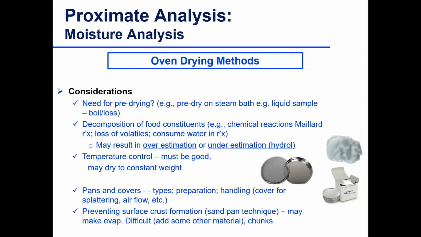And so you start losing weight. The longer you heat, the less that sample weighs. And so your heating has to be done for the right amount of time for that particular product too. Too much heat is certainly a problem.